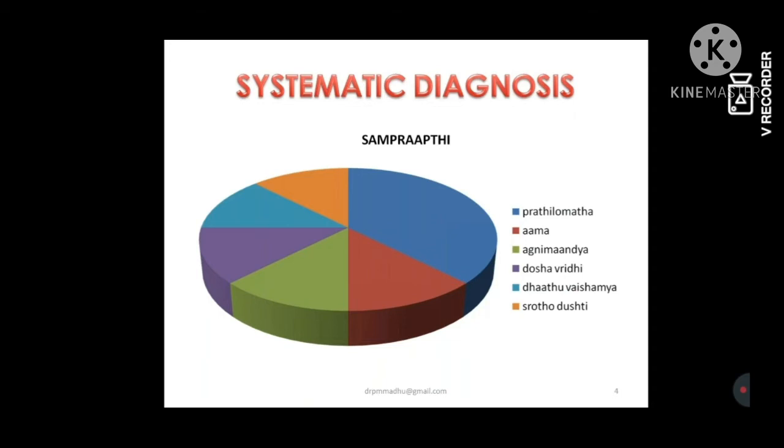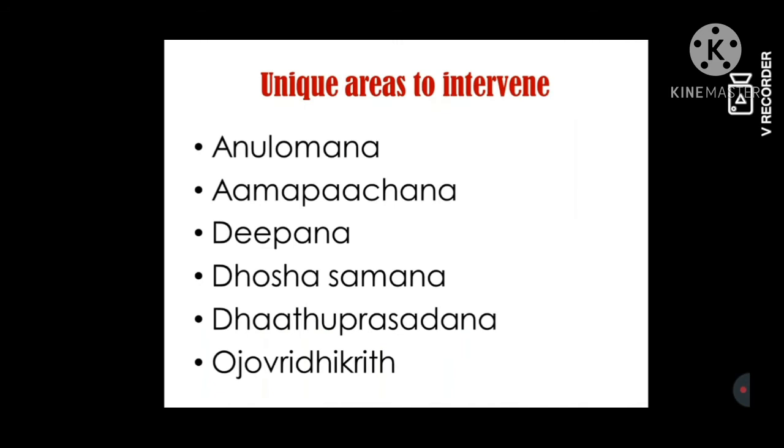Then we have to intervene in the patient with the help of drugs that can do anulomana, amabhajana, deepana, doshashamana, dhatu prasadana, and ojo vriddhikrit. These are the basic principles behind bridging theory and practice. These are very relevant factors, that is why I am repeating this.